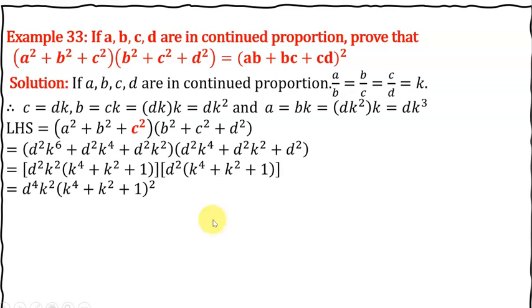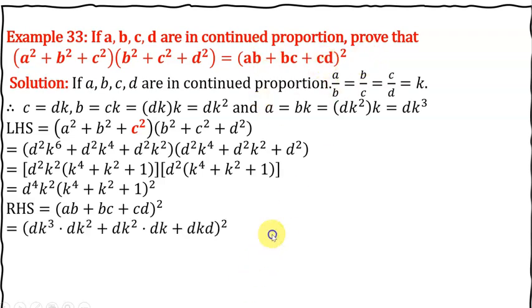Now, next, RHS: ab plus bc plus cd. Now again, substitute the value of a, dk cube, b is dk square, b is dk square, c is dk, c is dk, and d is as d. And after multiplication, you will have d into d square, k cube into k square, k raised to 5. Next, dk square into dk, that is d square k raised to 3, d square k square, d square into k.